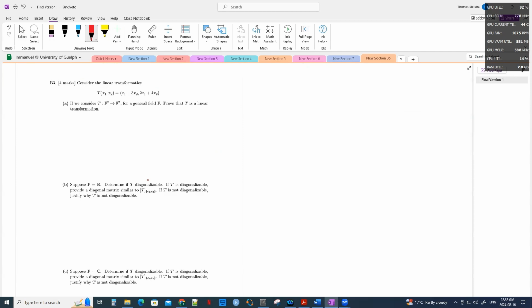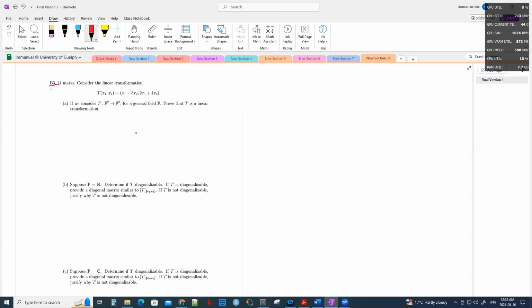So now for B3, we want to prove three things. We want to prove that it is a linear transformation. We want to determine whether or not it's diagonalizable over the real numbers, if it's defined over the reals, and we want to determine whether or not it's diagonalizable if it's defined over the complex numbers.